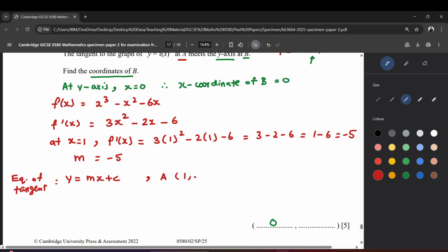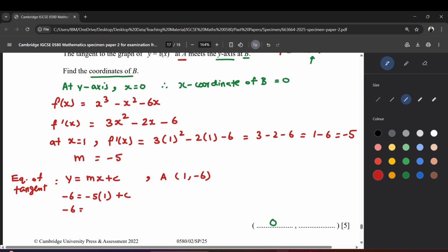Point A is (1, -6). That means the y coordinate is minus 6, the gradient is minus 5, the x coordinate is 1, and so now you can find the y-intercept.